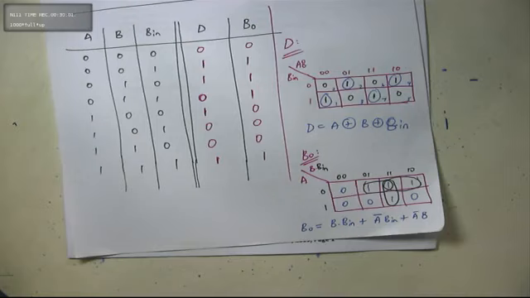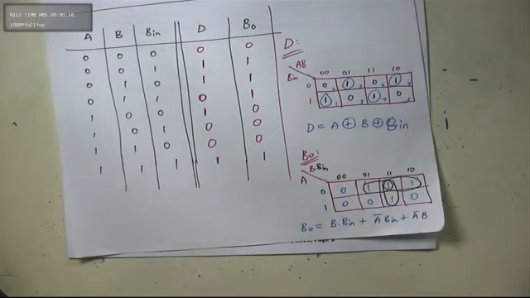Now look at the bottom part and compare the borrow out with our carry out from yesterday. Remember, in subtraction it's always the borrow; in addition, it's always the carry. How can we get that equation?